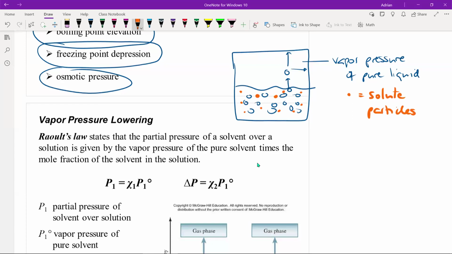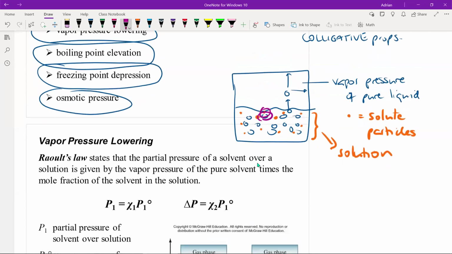And the partial pressure of that solvent over the solution now is lowered as a result of those solute particles being present. If you look at this solvent particle right here, for example, it is actually being prevented from going to the surface by that solute particle that happens to be right above it. So as a result, we see that the vapor pressure is lowered.